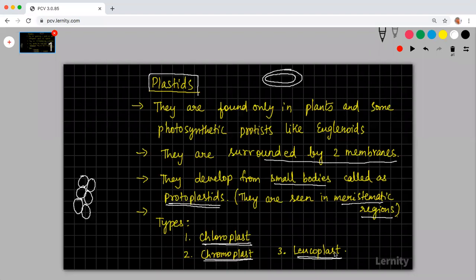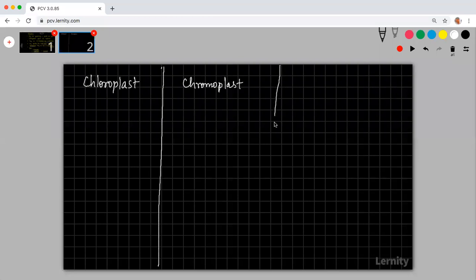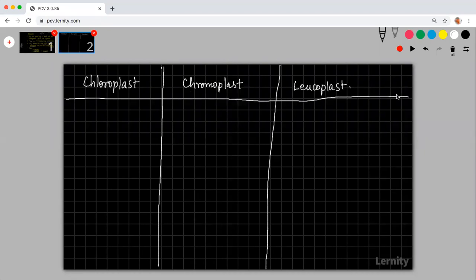Okay, so now we'll move on further. We need to know the types of plastids, so let me give a comparison table. Chloroplasts are green color plastids.